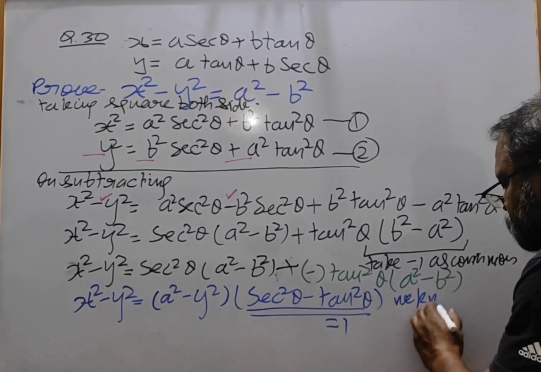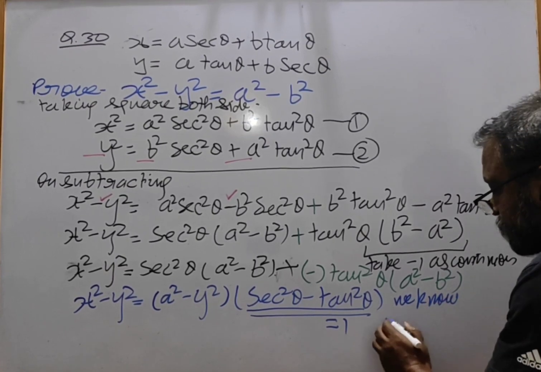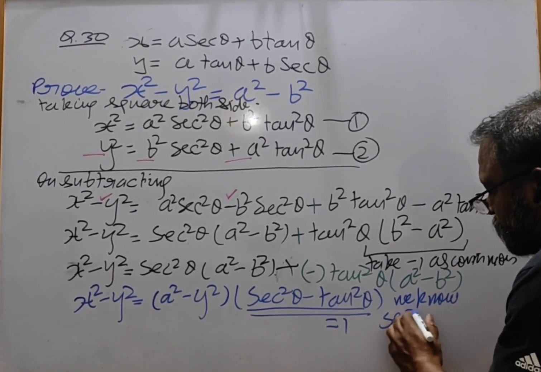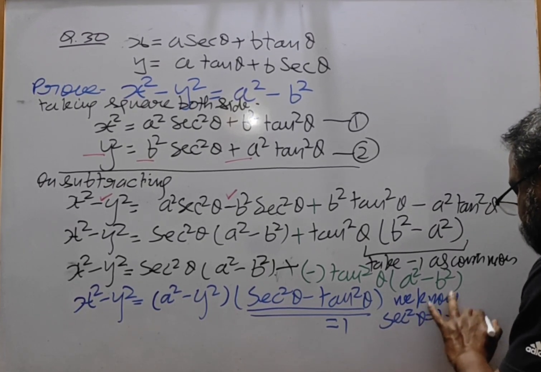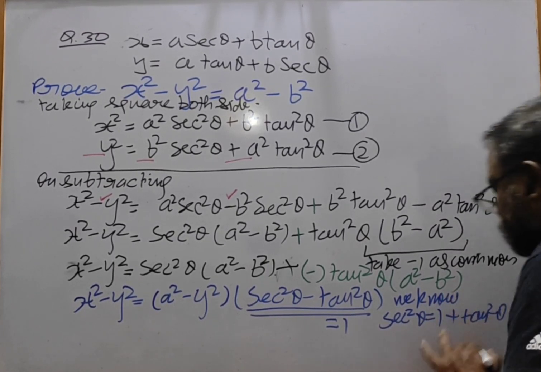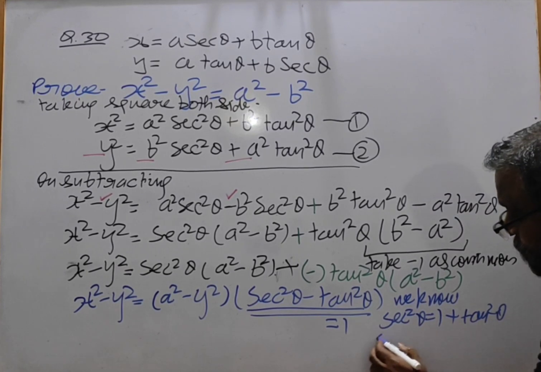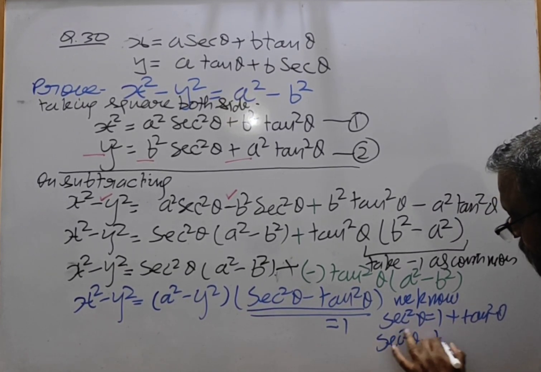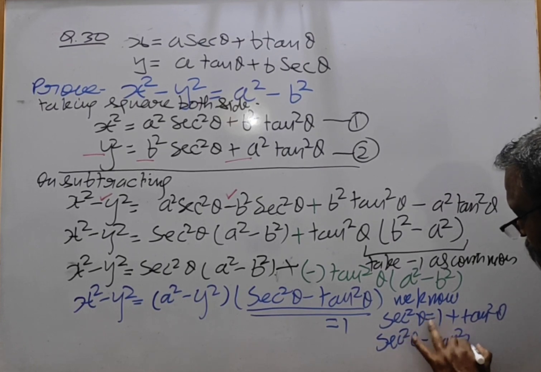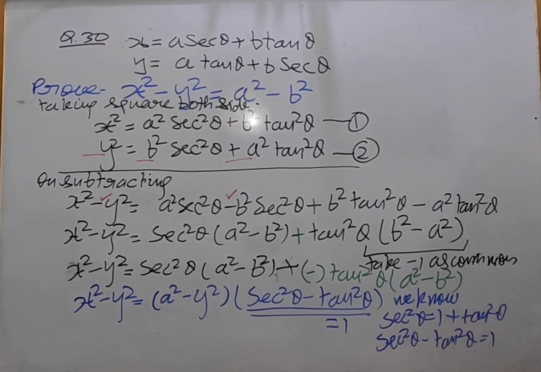We know sec square theta is equal to 1 plus tan square theta, right? So sec square theta minus tan square theta is equal to 1.